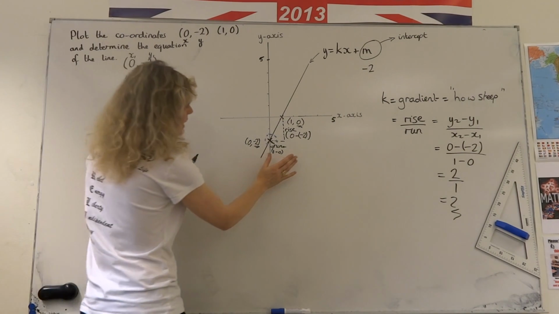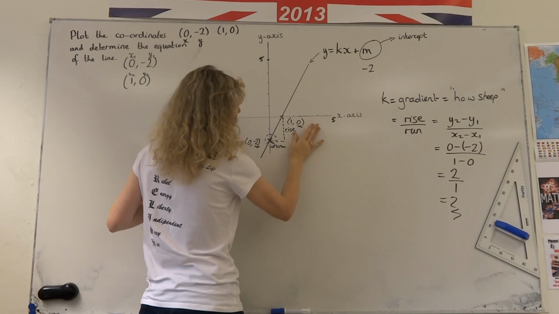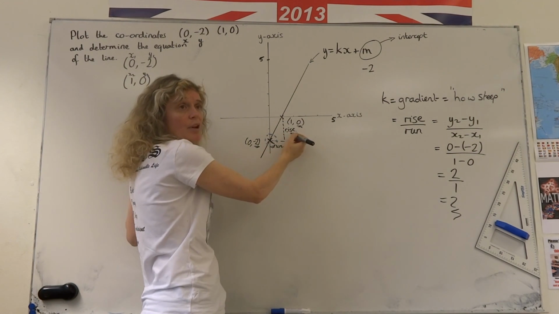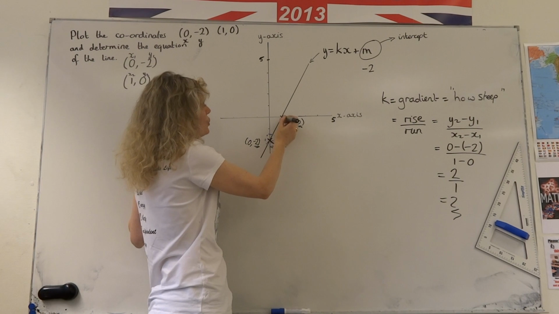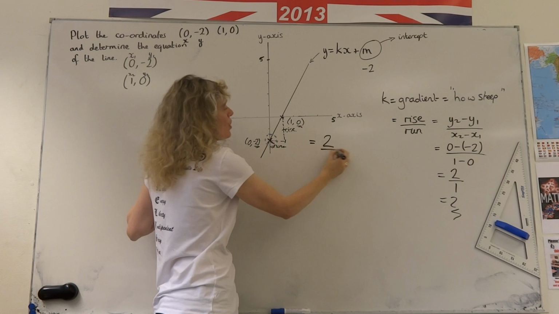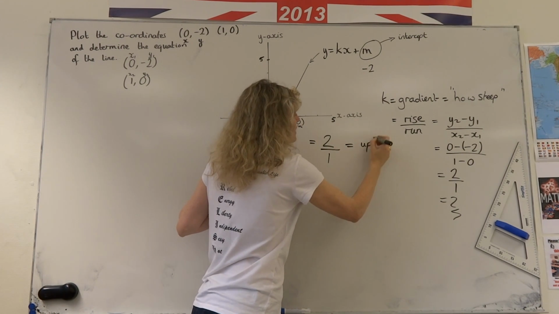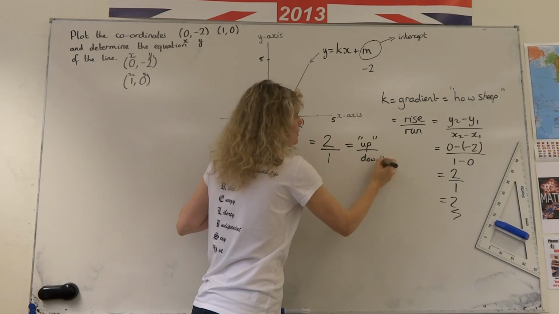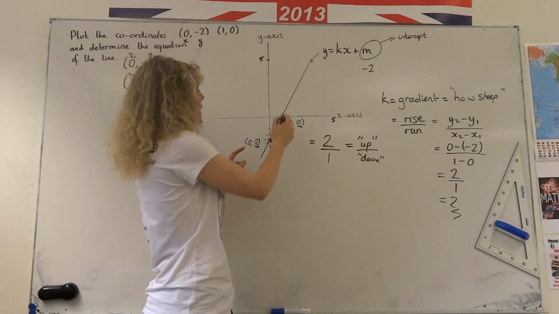It's a little bit unclear here, so what is it actually saying? It's only saying, how many do I go up for every one I go across? If I look here, I'm going 2 steps up and I'm going 1 step across. So you can think of this as the number of places I move upwards divided by the number of places I move along.